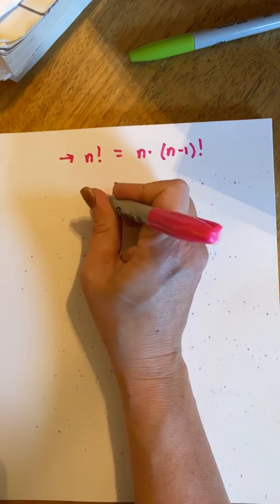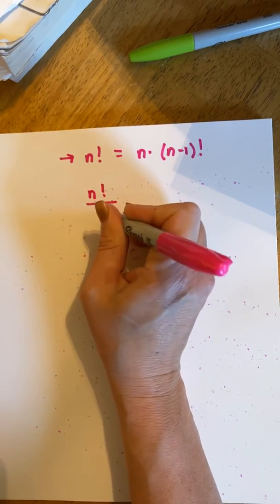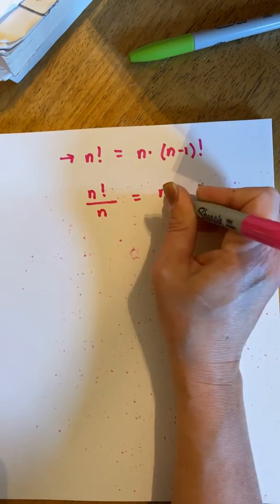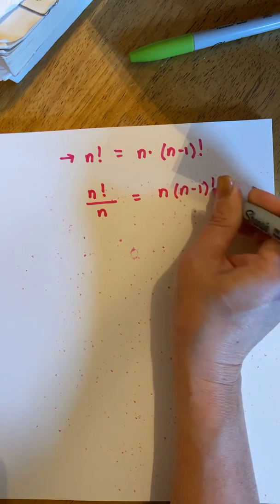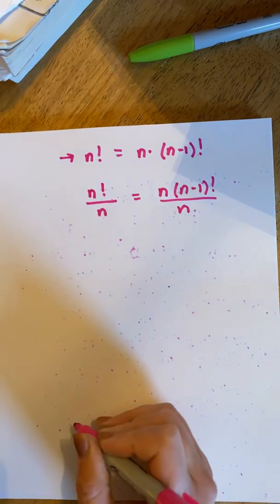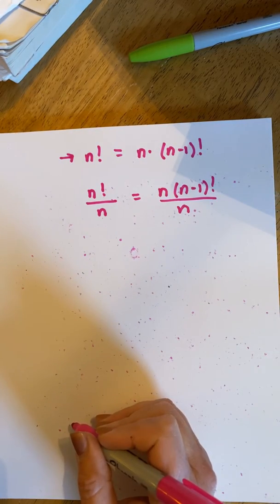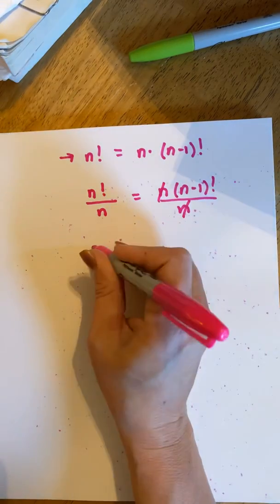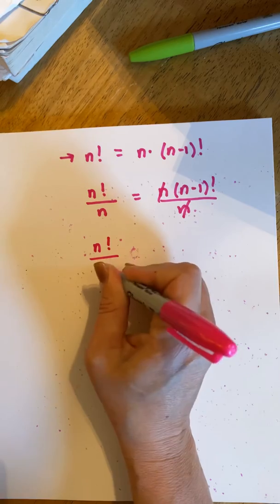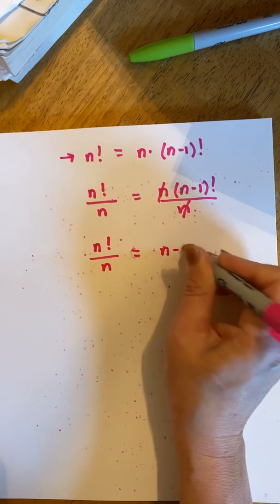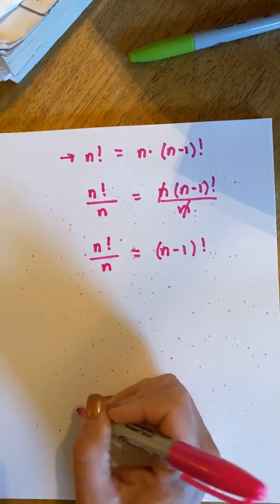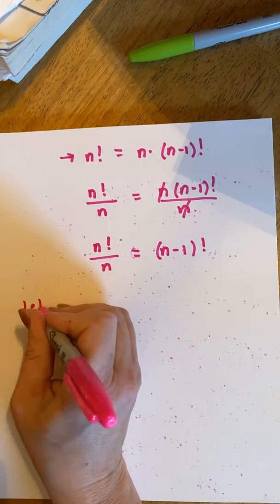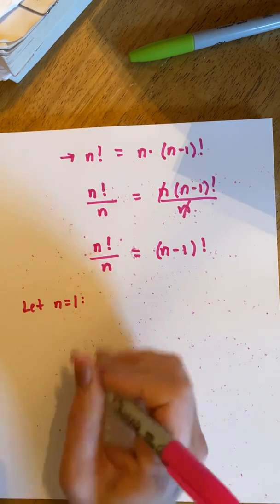Right, so then if I take n factorial and divide it by n, that's the same as n times (n minus 1) factorial all over n. These cancel out. So n factorial over n is (n minus 1) factorial. So let n equal 1.